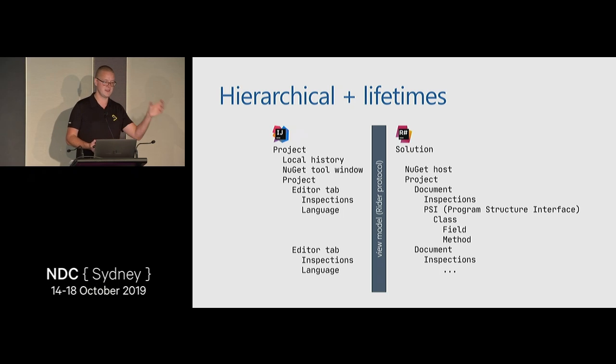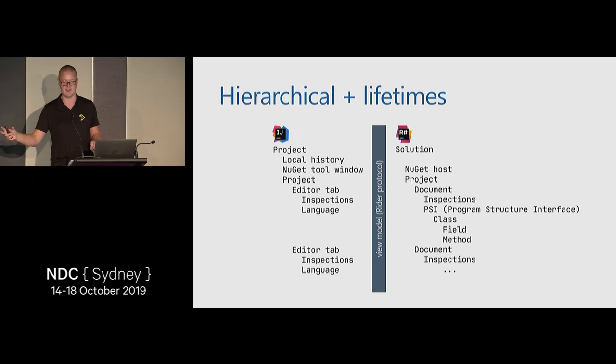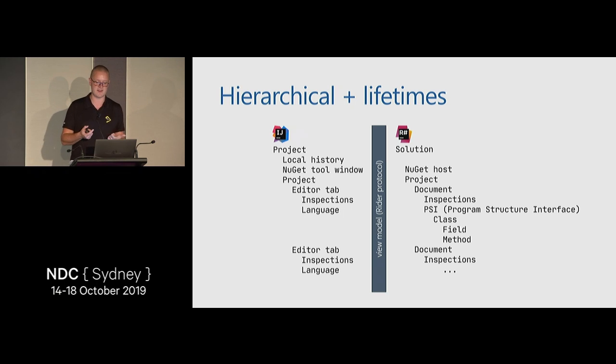So if you close the editor tab, we not only want to close the entire lifetime underneath on the IntelliJ side, but also on the Resharper side. If Resharper all of a sudden decides, okay, this refactoring has to close a certain editor tab, then when we close the lifetime on the Resharper side, we also want it to be closed on the IntelliJ side. So all of that also traverses the protocol.